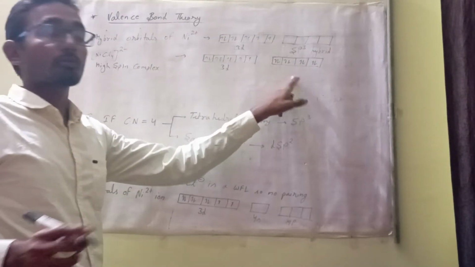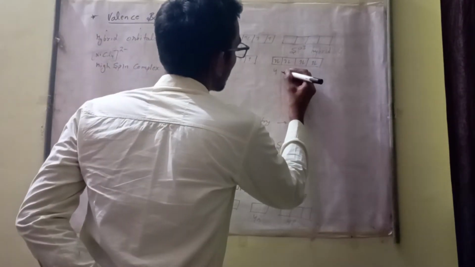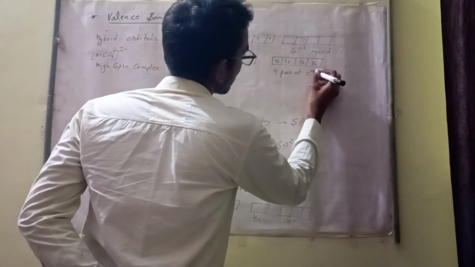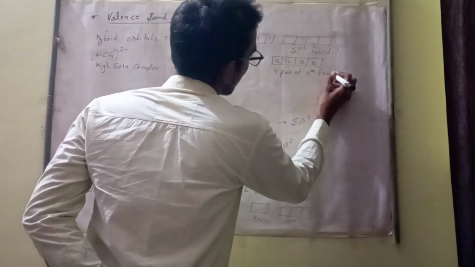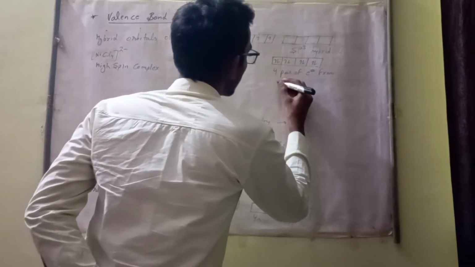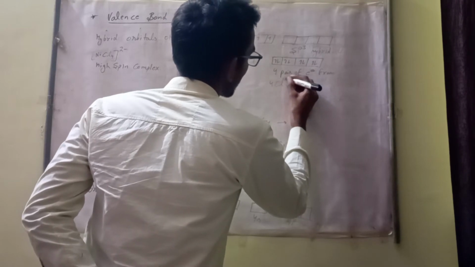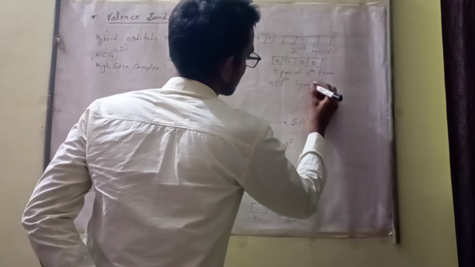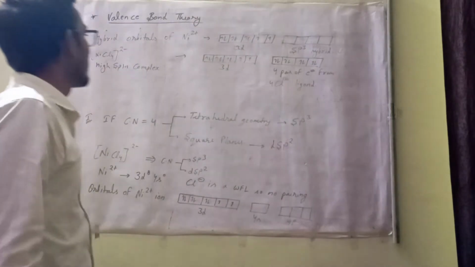Four pairs of electrons are coming from the 4 Cl minus ligands.